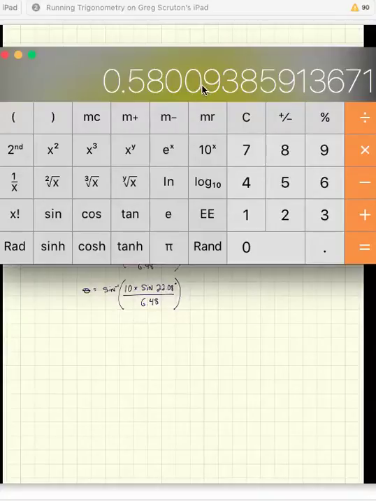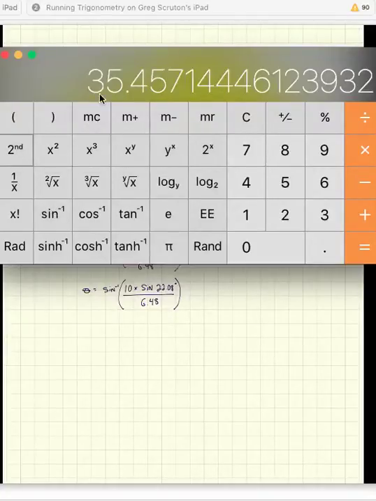Okay, and if we take the inverse sine of that, the inverse sine of that is 35.45 degrees, which doesn't make any sense, until we look at our diagrams. So theta is 35.457 degrees. Okay, let's look at our diagram here.